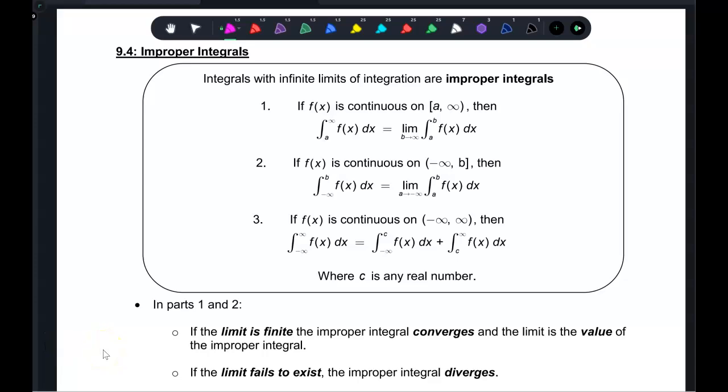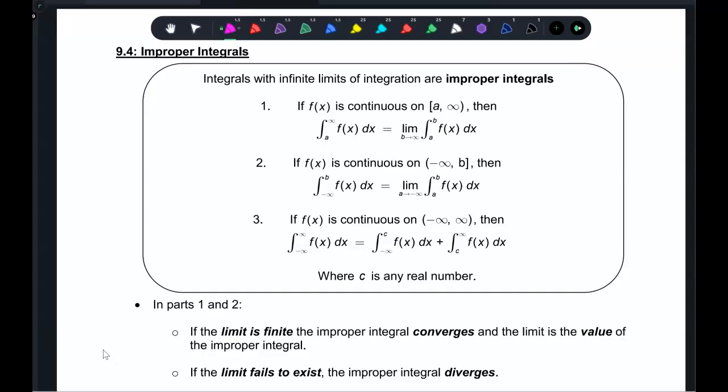So like I was saying, we've done integrals and we've done limits. We have not done what are called improper integrals. This is an integral that is approaching positive infinity or negative infinity or both.